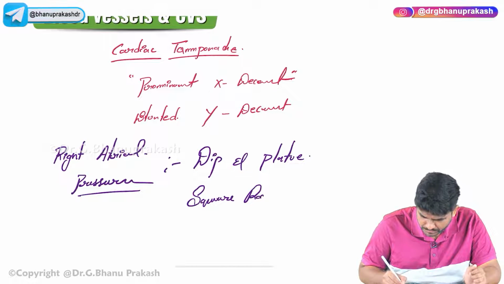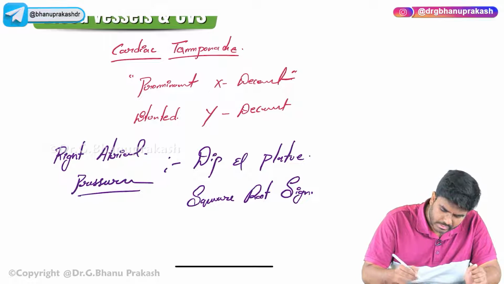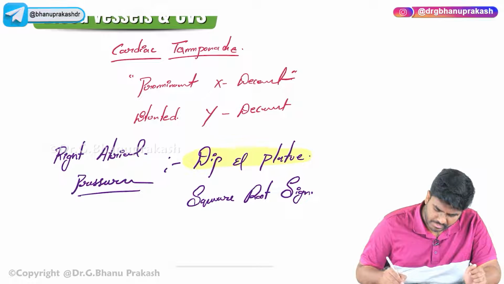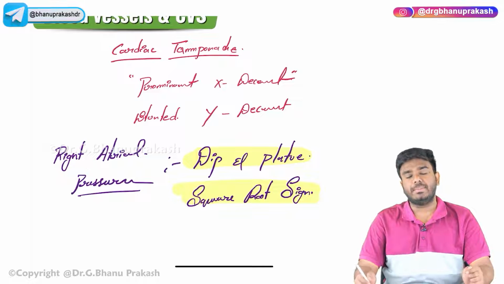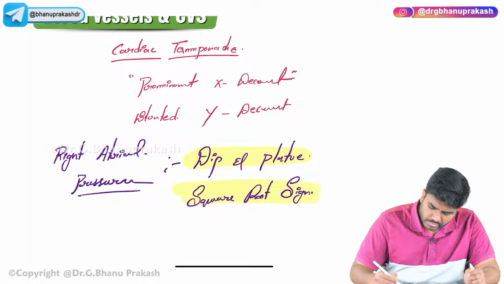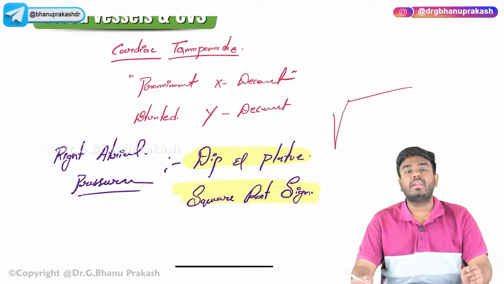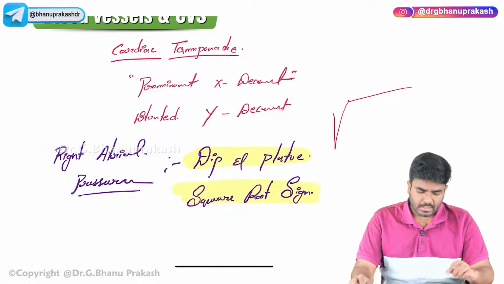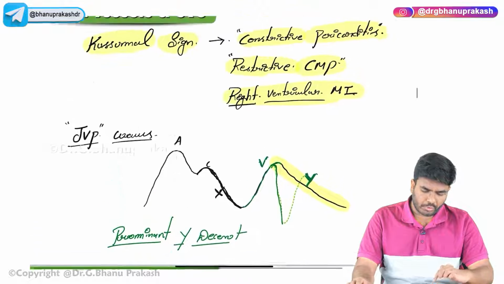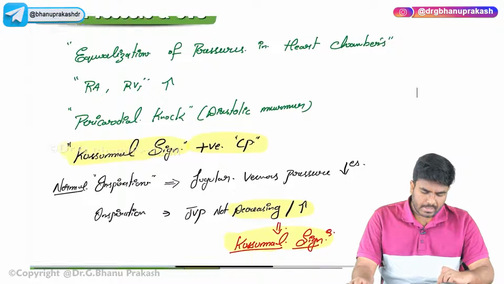This you will study in detail in your medicine, but just remember, when you are checking the right atrial pressures, you are going to see a dip and plateau, or the square root sign. So these are some important points which I want you to know regarding constrictive pericarditis.